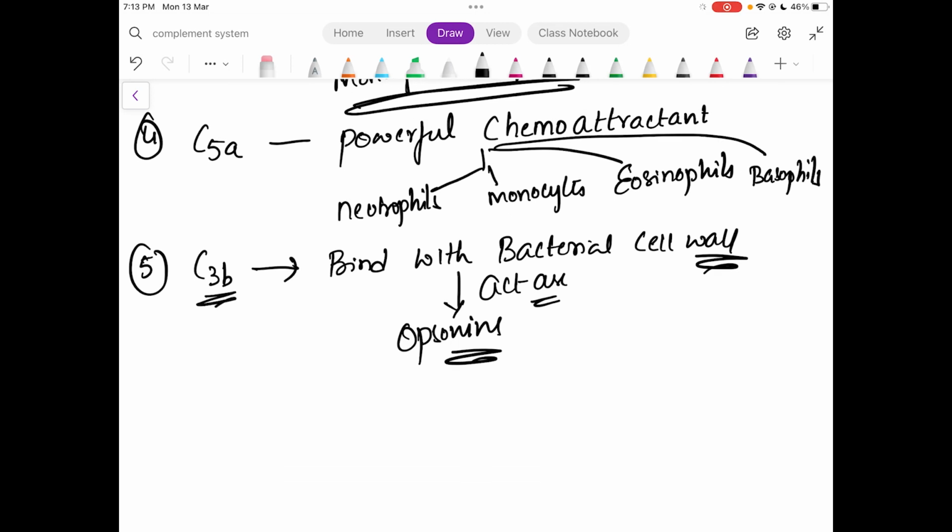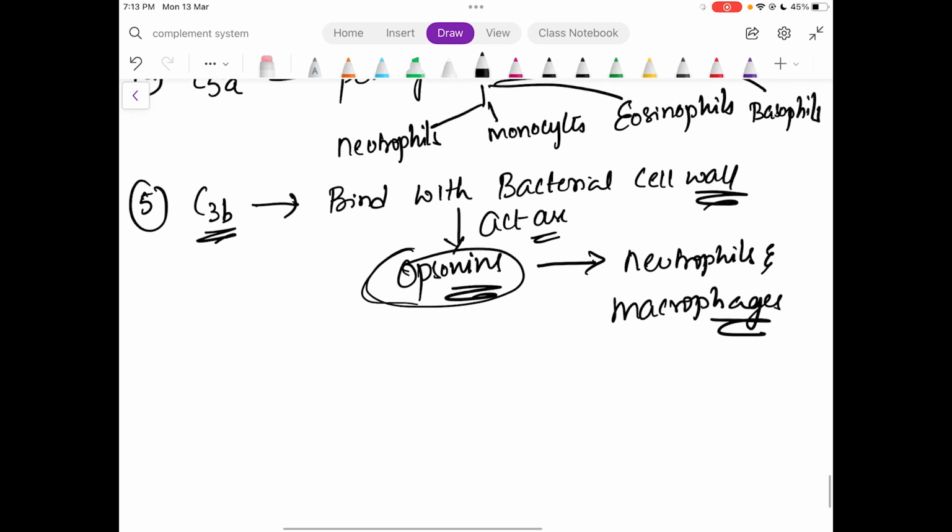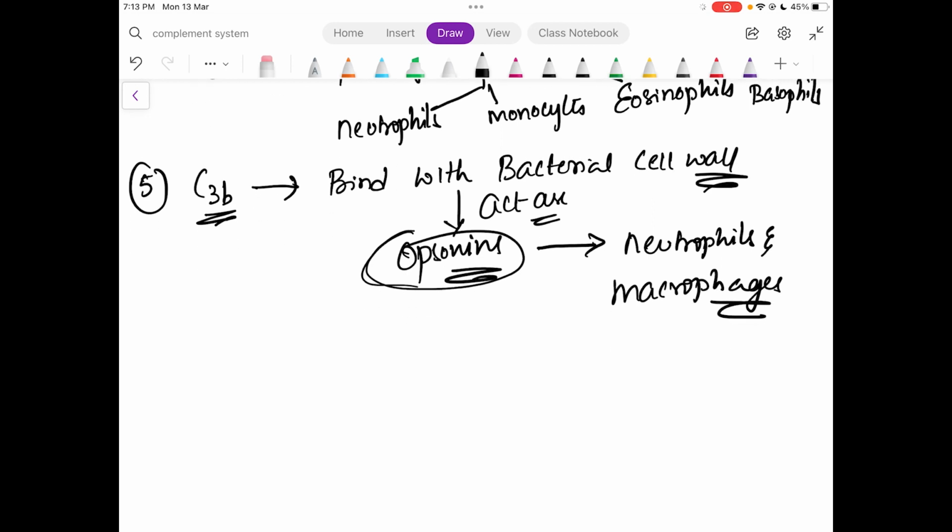Attachment of C3b causes phagocytosis. They act as opsonins, and they will attract neutrophils and macrophages. This C3b will act as an opsonin, so that they will attract neutrophils and macrophages to the inflammatory site or infection site, and they cause phagocytosis.